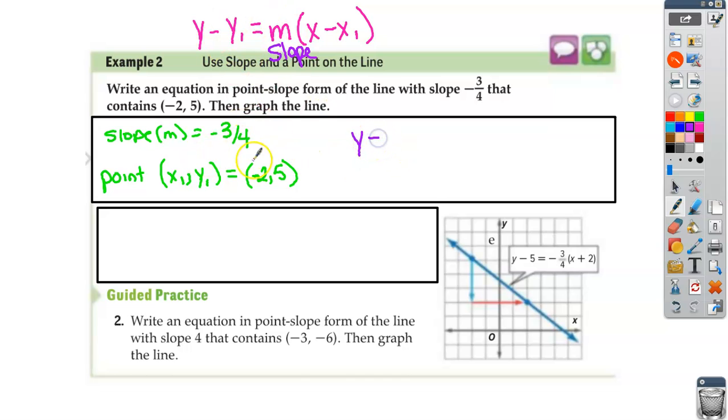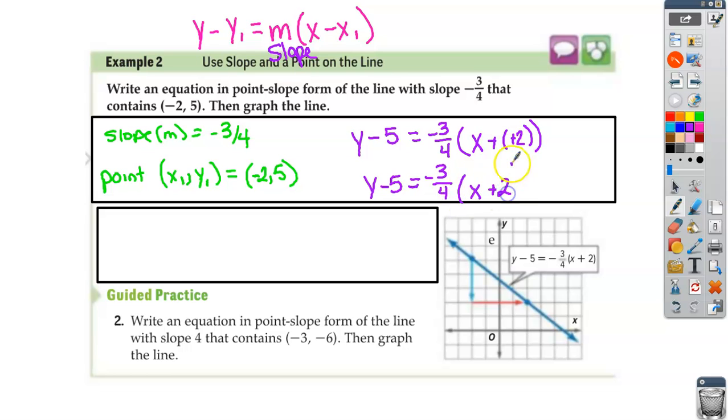Y minus my y1, which is 5, equals my slope, which is negative 3/4, times x minus my x1, which is negative 2. And again, when I have negative times a negative, that becomes positive. So if I were going to rewrite this, y minus 5 equals negative 3/4 x plus 2.